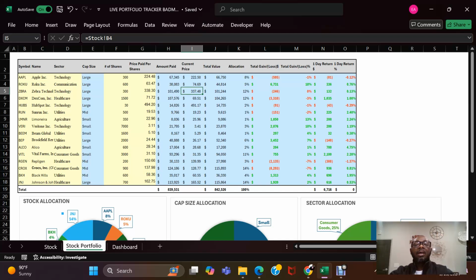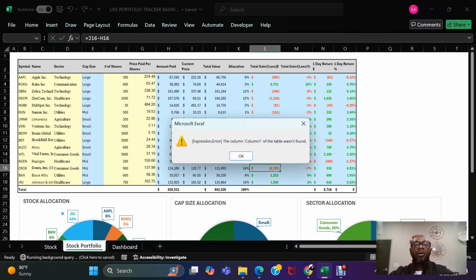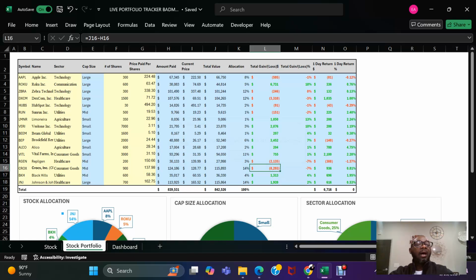This first loss from Apple is technology. This is also technology. This third one is healthcare. The fourth one is technology, and this is utility, healthcare, consumer goods. So we have more losses from shares that we bought in technology.